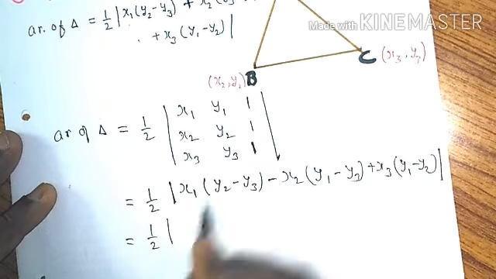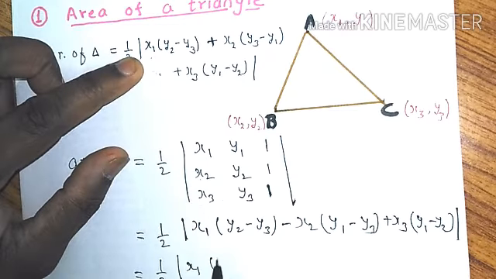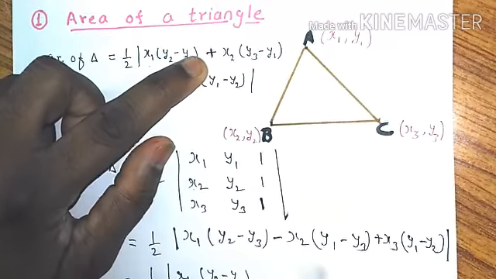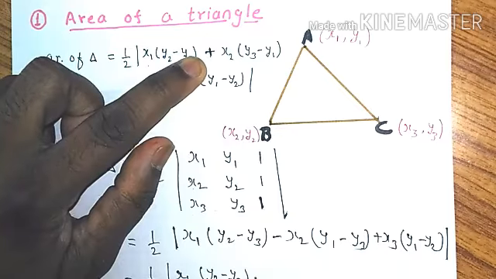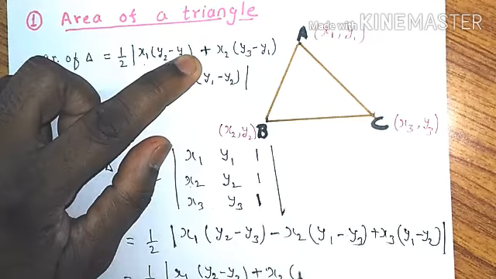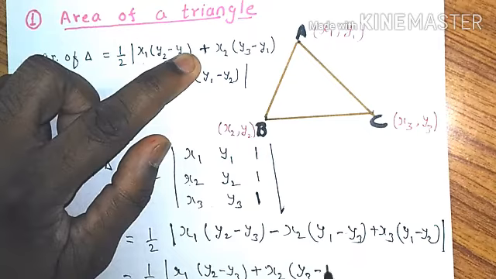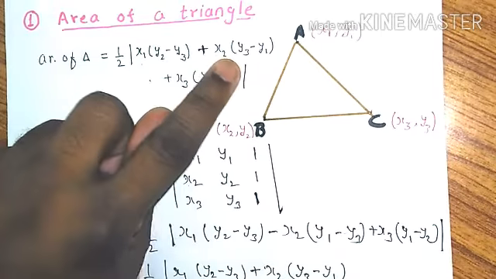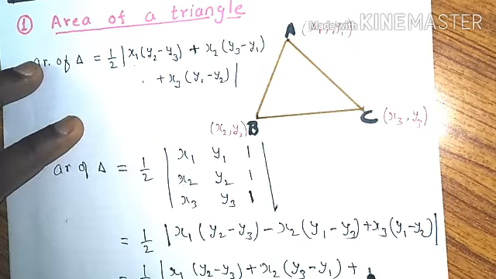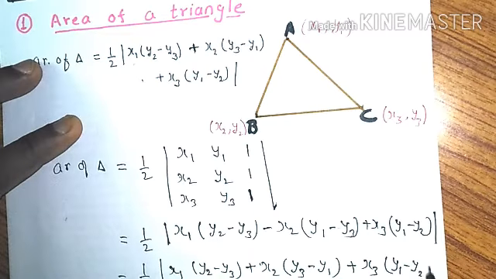So this half as it is, then this expression exactly matches the first one, so I write as it is y2 minus y3. Then here it is minus and there it is plus, so if I take the minus sign common from this bracket, it becomes plus x2, and the expression within the bracket changes to y3 minus y1, which exactly matches the second expression of the equation above. The third remains as it is, y1 minus y2.